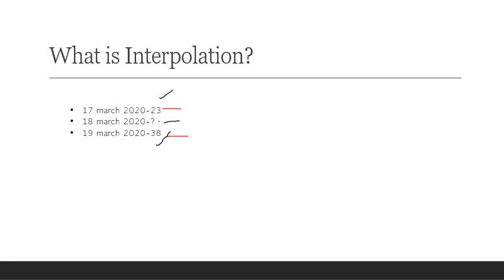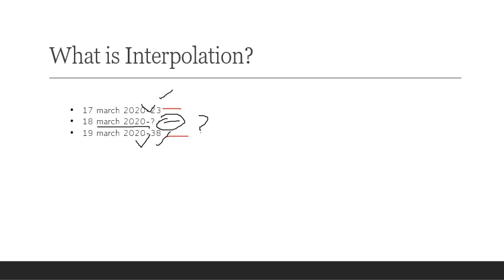So if you are calculating the data which is in between the given values, then this procedure is known as what? Interpolation. In a very simple meaning, if you are trying to calculate the data which is lying in between the given values, that is 23 and 38, then this process of finding out the data is known as interpolation.